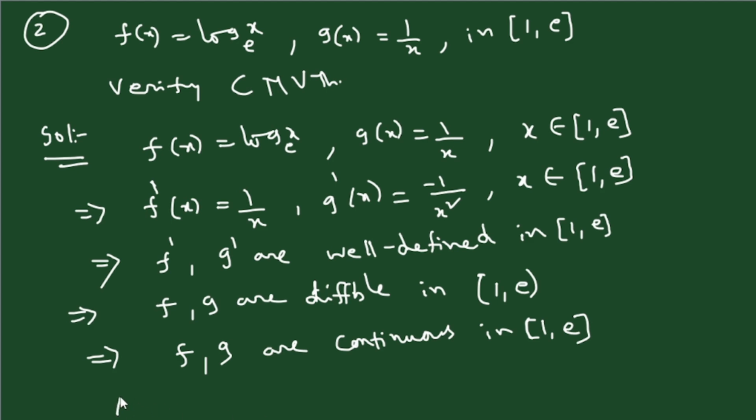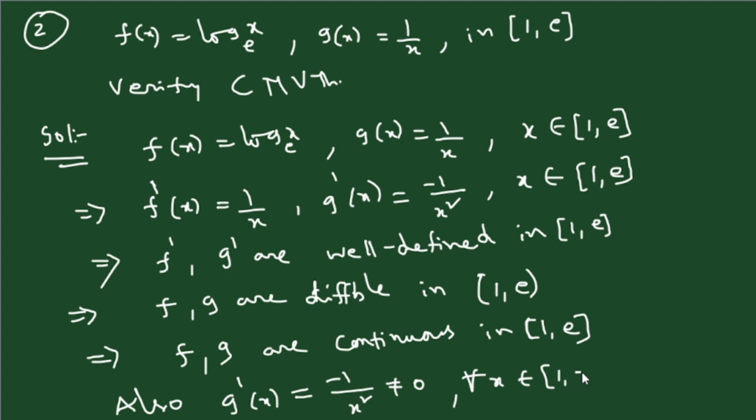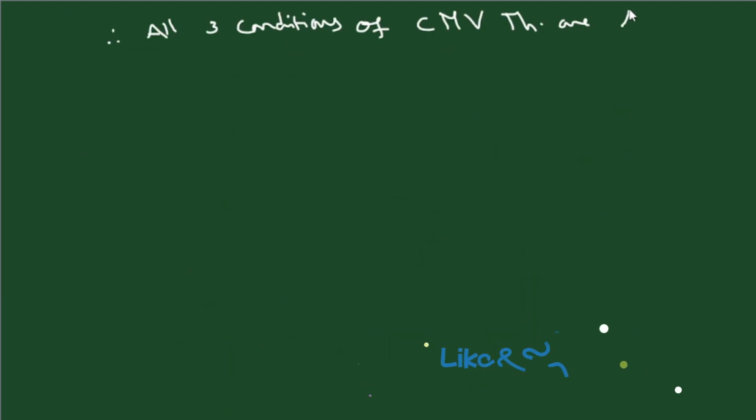And also, what is the third condition? Third condition is g dash of x. What is g dash of x? It is minus 1 by x square, and it is never 0 for all x belonging to 1 comma e. Whatever number you take in between 1 and e, it won't be equal to 0. Right? It's clear. Therefore, all three conditions of Cauchy mean value theorem are satisfied.